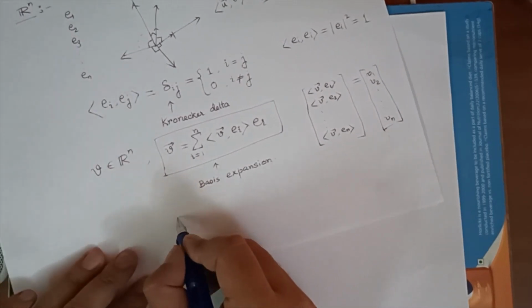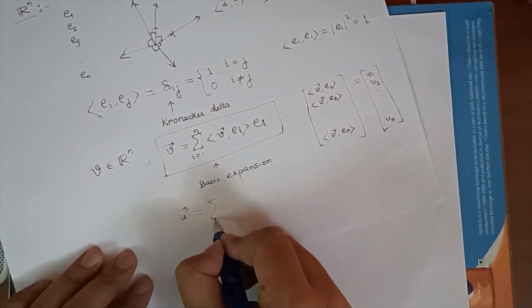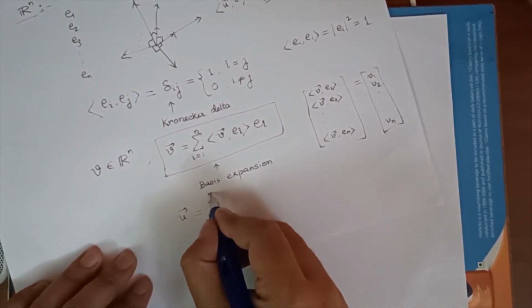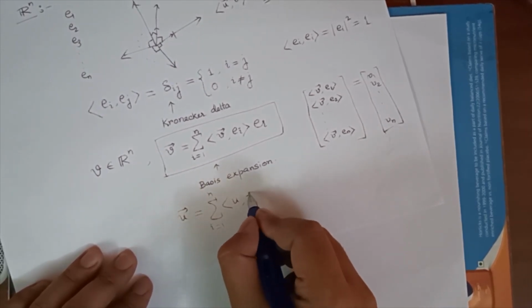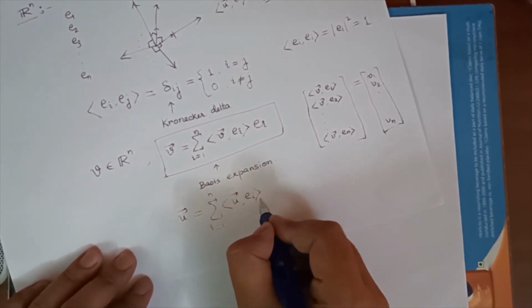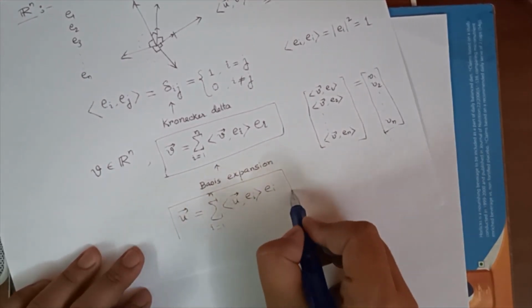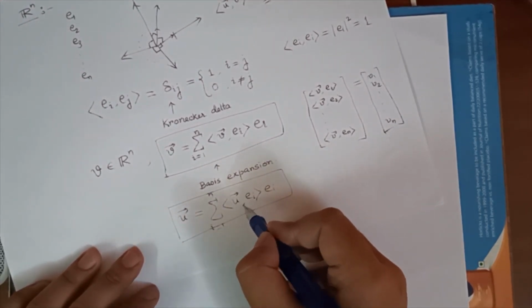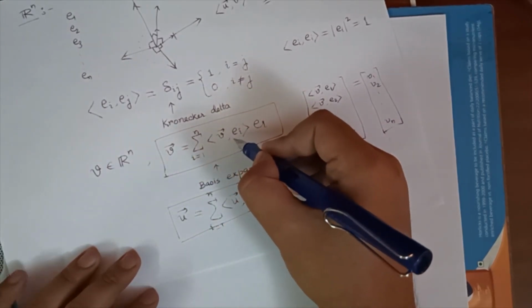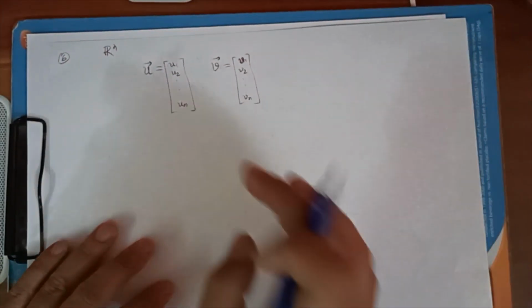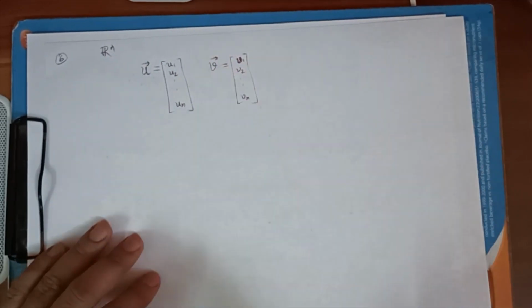Similarly, you can do it for U as well. U is equal to the summation i equal to 1 to n, inner product of U with Ei. So this is the representation of U, and these n real numbers are written in a column fashion like this.